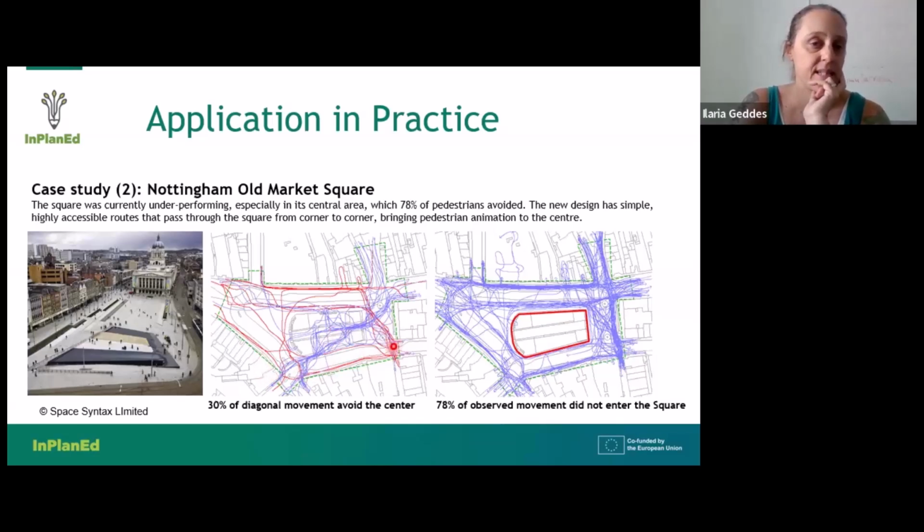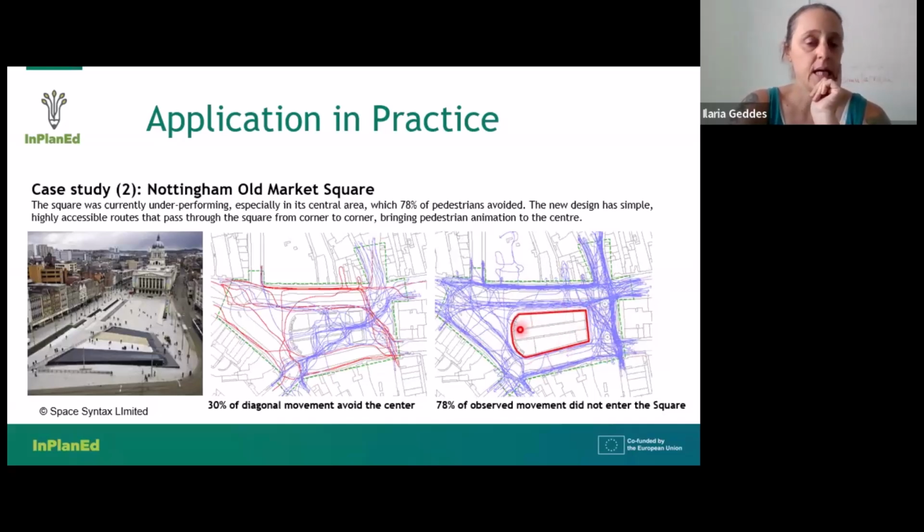But still 30% of diagonal movement actually avoided the center and had to go round the square rather than across. This was just for diagonal movement, but for all movement in general, the great majority of movement never actually went through the middle of the square.